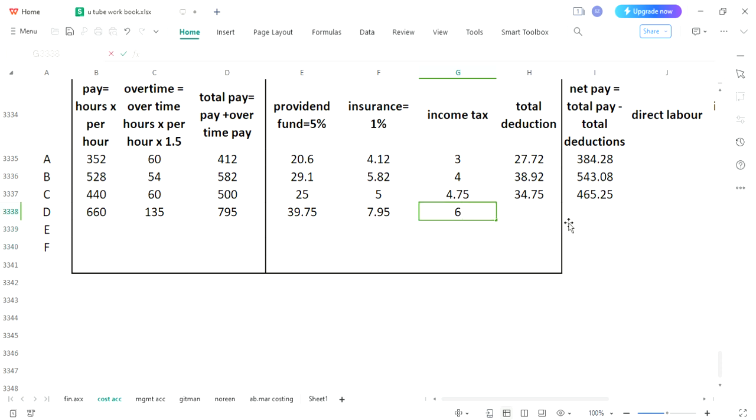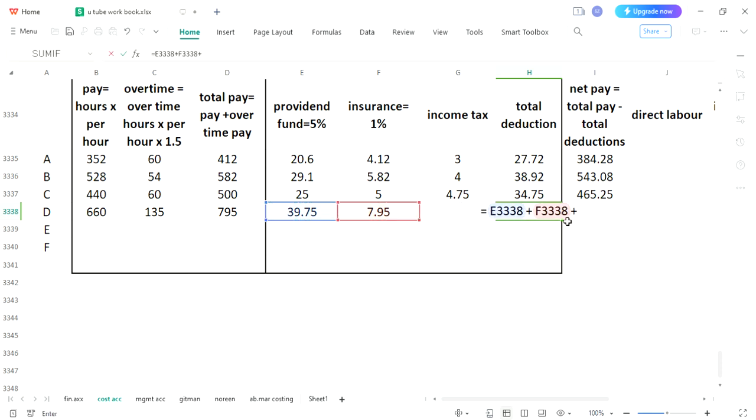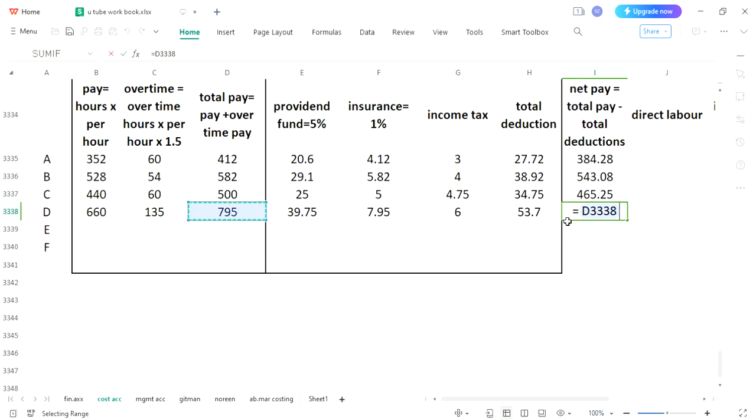Total deduction would be calculated by adding all three deductions: provident fund, insurance and income tax. We have got total deduction. Now your net pay will be calculated: gross pay minus all deductions. Deductions were 53.75. So this way you have calculated your amount.